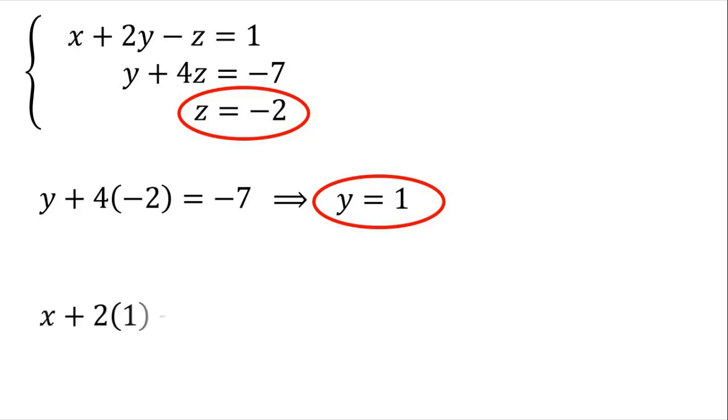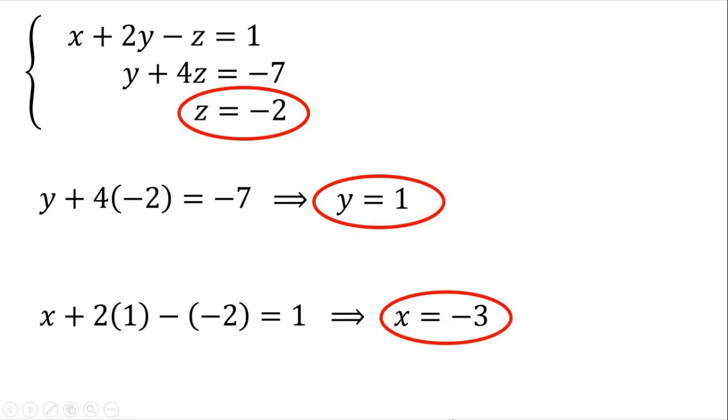And finally, to solve for the value of x, we simply substitute the values of y and z that we got into the first equation. So we have x plus 2 times positive 1 minus negative 2 equals 1. Solving for x, the value of x is negative 3. So the solution is the ordered triple negative 3, 1, negative 2.